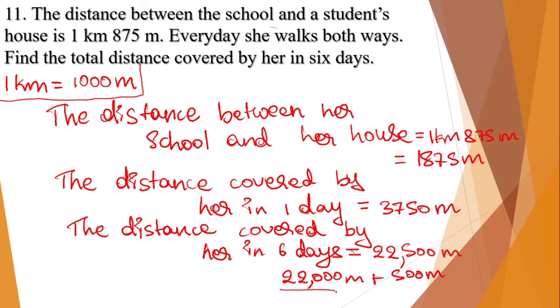And 22,000 meters will be converted into 22 kilometers. So it will be 22 kilometers and 500 meters. So 500 cannot be converted into kilometers, so it will be in meters only.